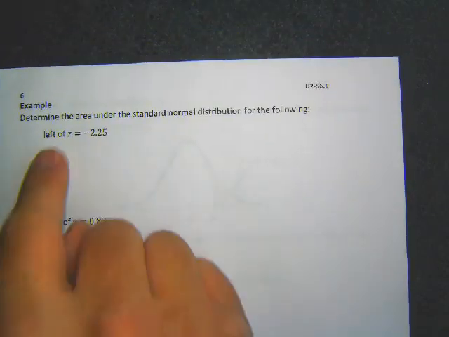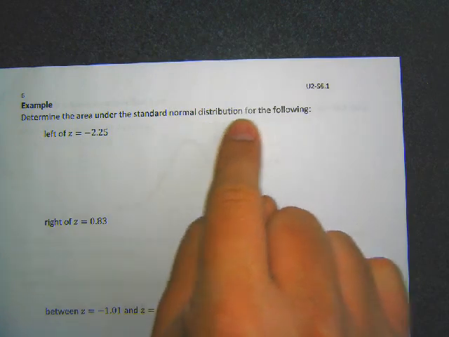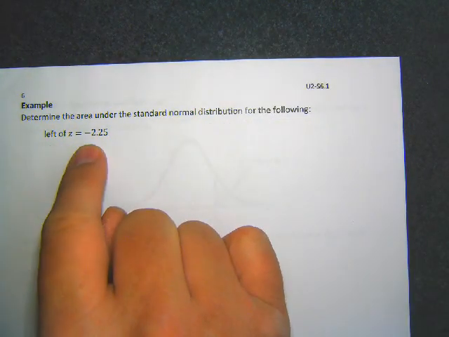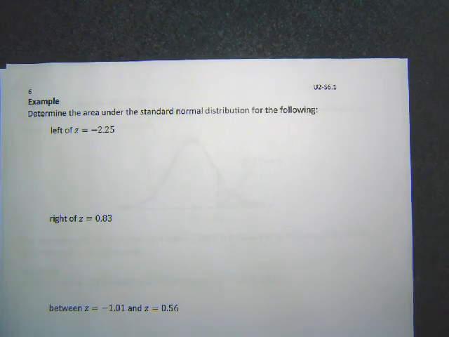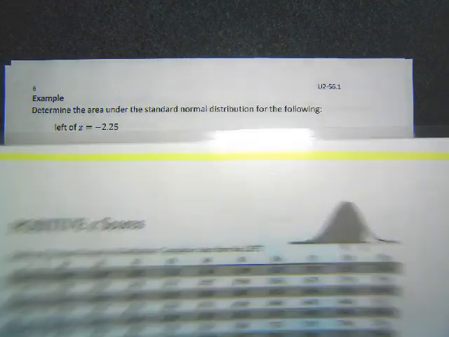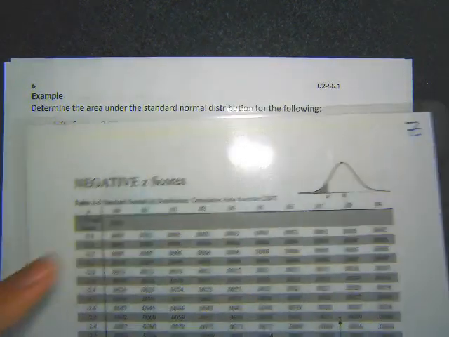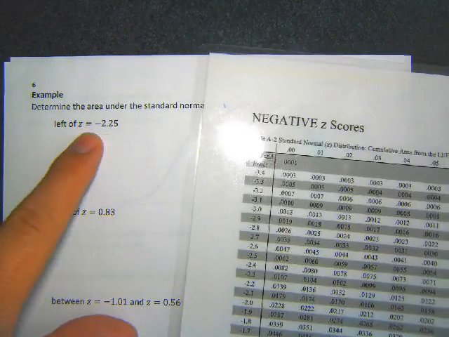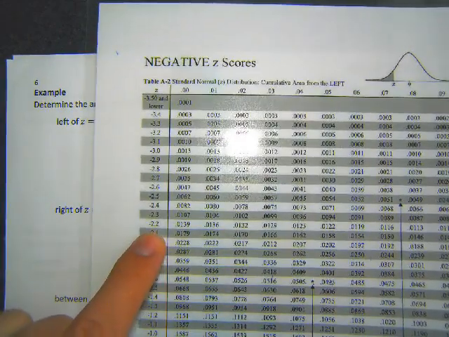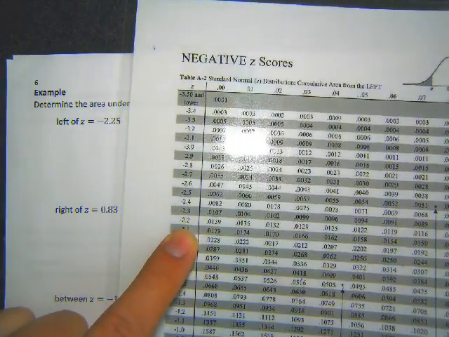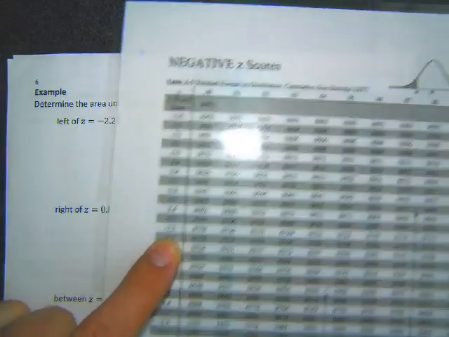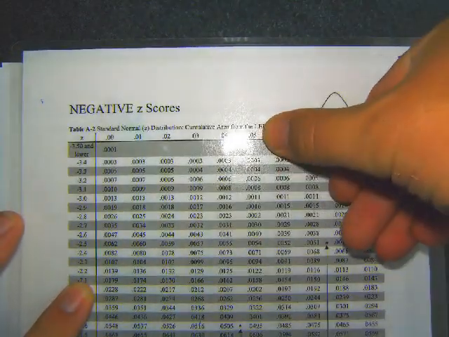So first we want to determine the area under the standard normal distribution that's left of z equals negative 2.25. So again, since this is a negative, I'm going to go to the negative side of my z-score table, so it's got the negatives. I want negative 2.2, so I'm going to find negative 2.2 there first. And then I want that 5. So negative 2.25. So I'm looking for the 5 over here.